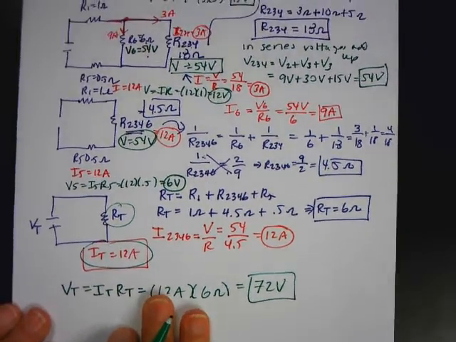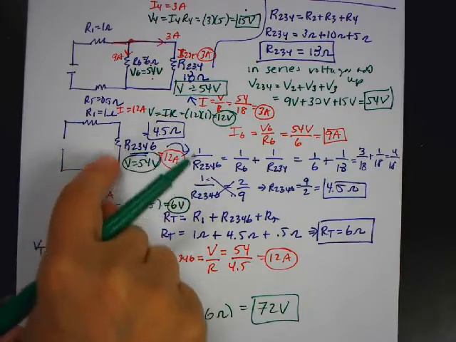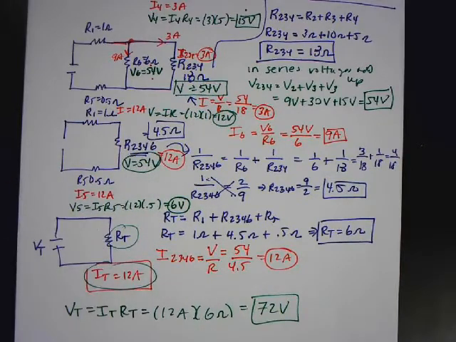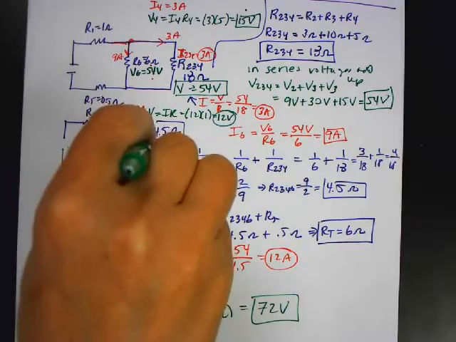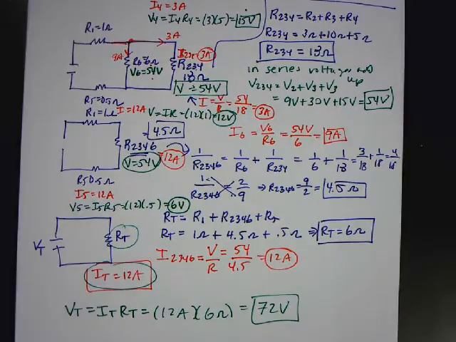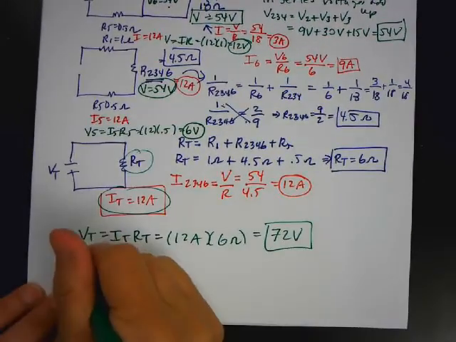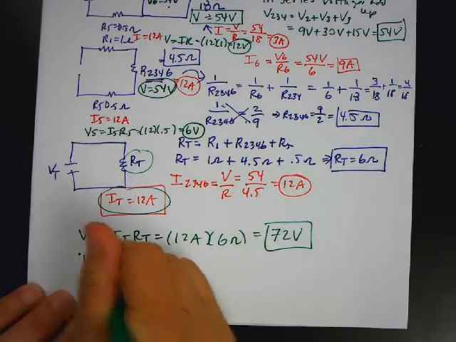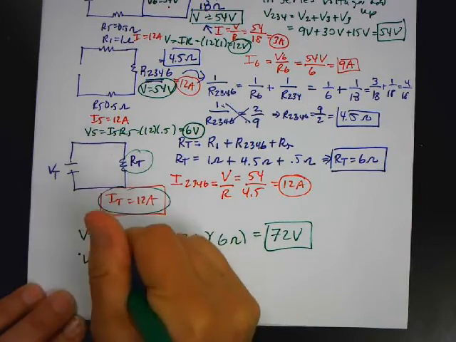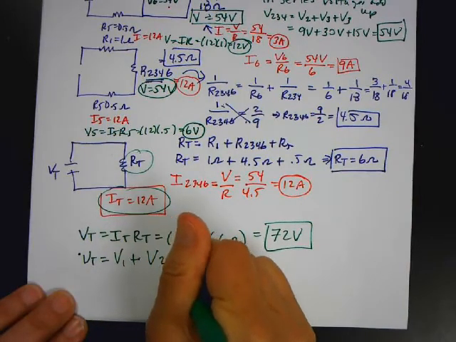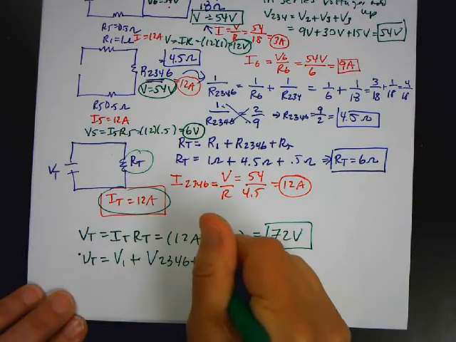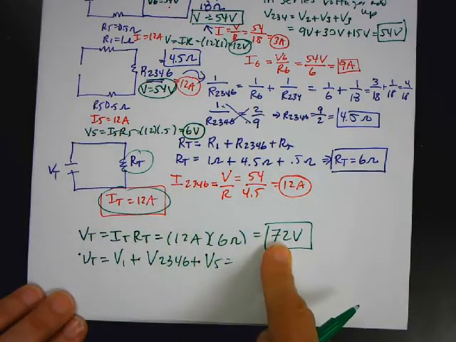Now if I go back up here, these 3 resistors are in what? Series. In series, the voltages add up. So that means the voltage drop across this and this and this have to add up to 72. So let's just do that. So VT would be V1 plus V2346 plus V5, and that should be 72.